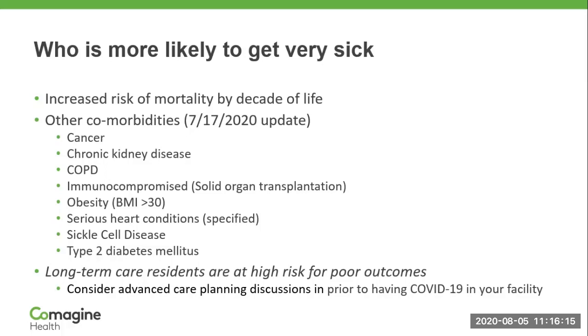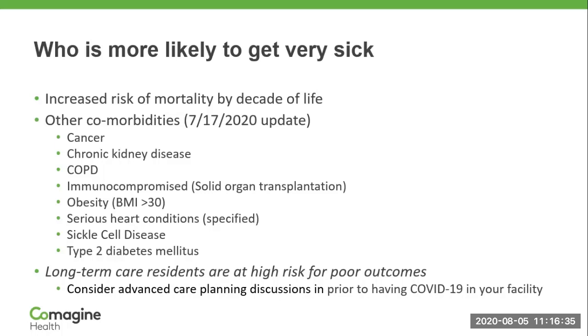But other comorbidities have been updated again as we evaluate more people with the disease, and this is the most recently updated list. One thing I found interesting on this is obesity used to have a BMI of greater than 40, and they have dropped that.